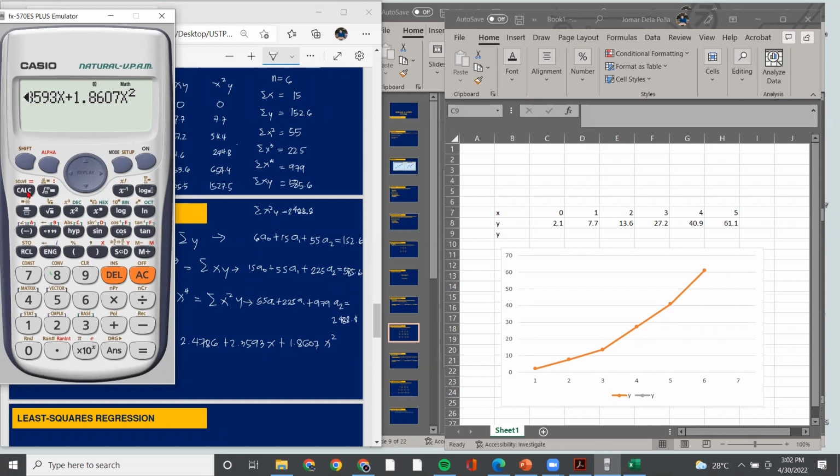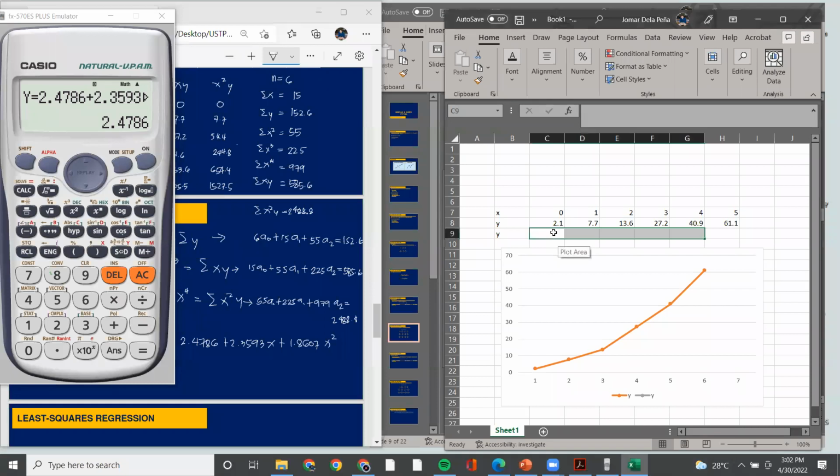Okay. So calculate first x is 0, which gives 2.4786.